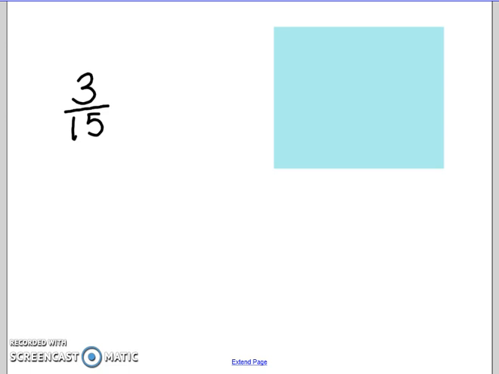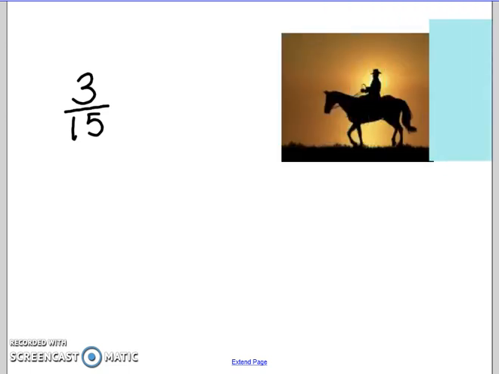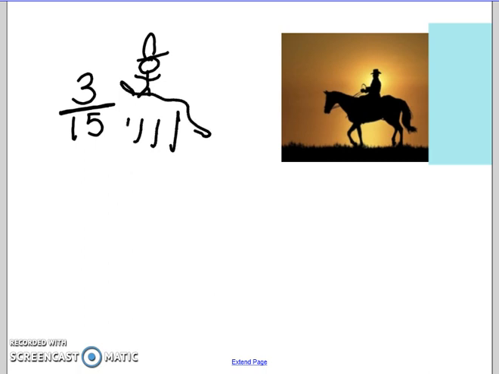illustration. I like to call turning fractions into decimals using the cowboy and the horse. Okay? So whenever you see a fraction, 3/15, I want you to think of it as a cowboy on the top. I don't know, here's the cowboy. And a horse. There's my horse.